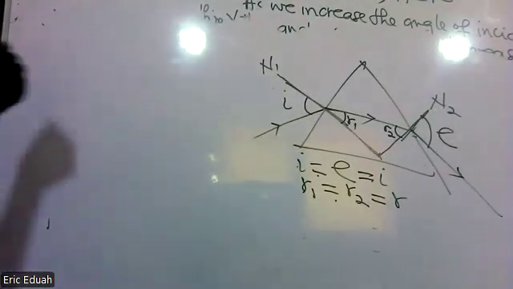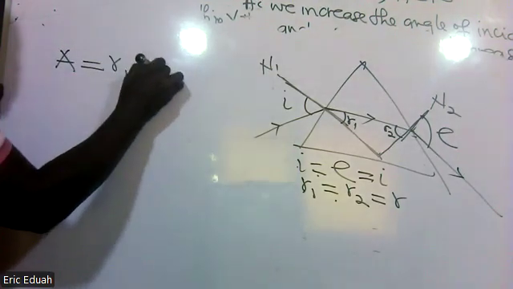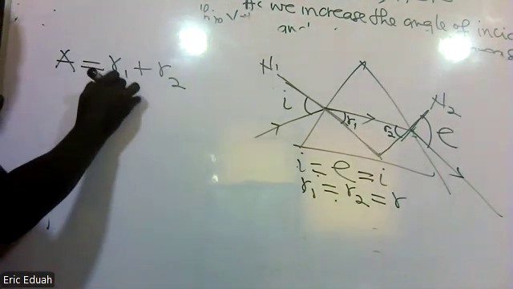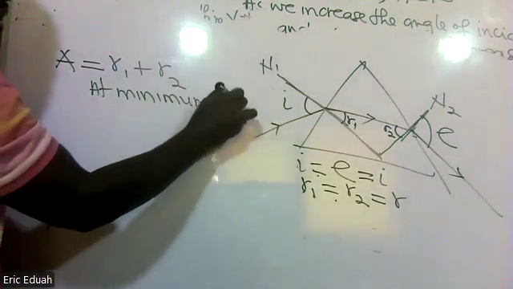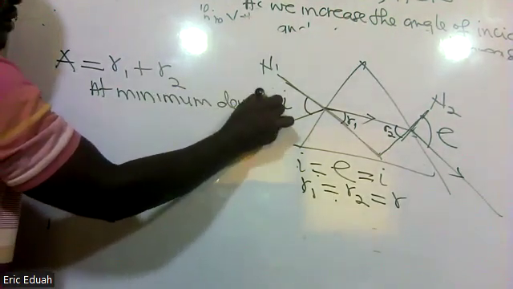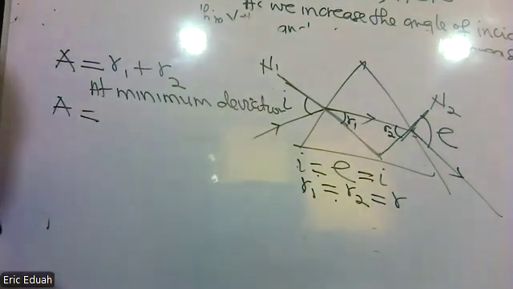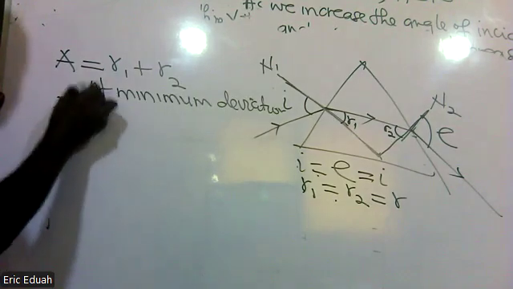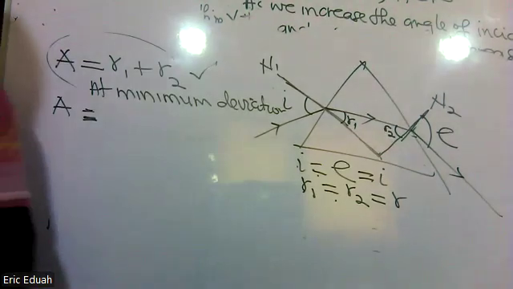How would they change? We saw that A is equal to R1 plus R2. Now, at the minimum deviation, I want you to help me. How will this relation change at the minimum deviation?